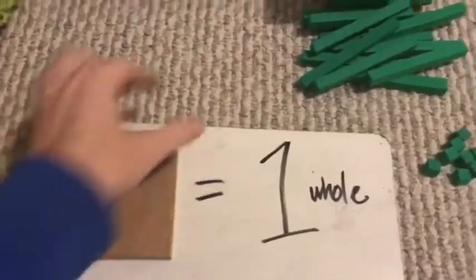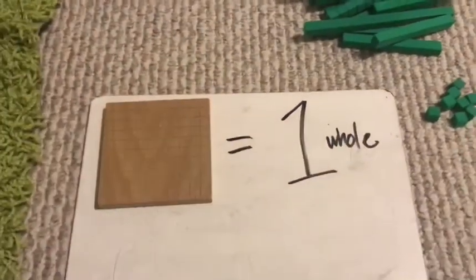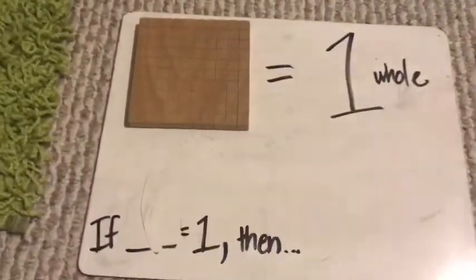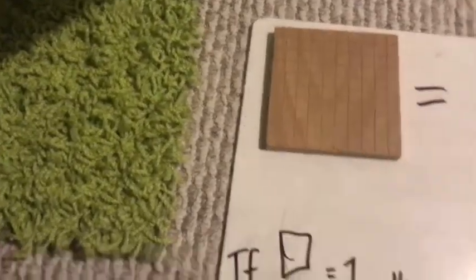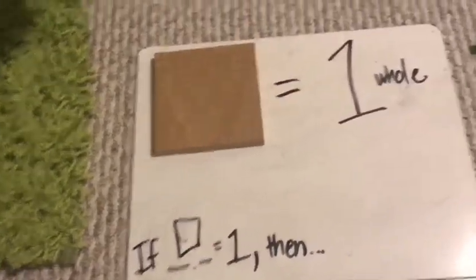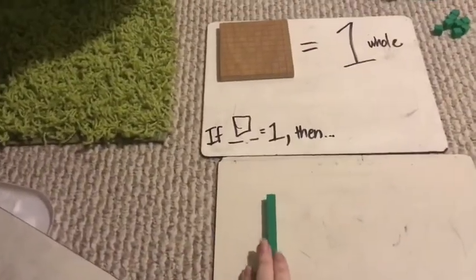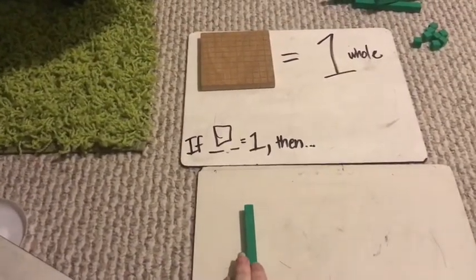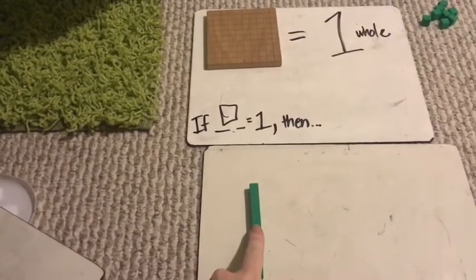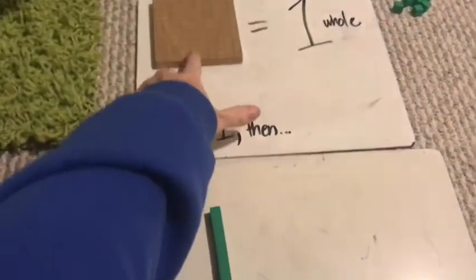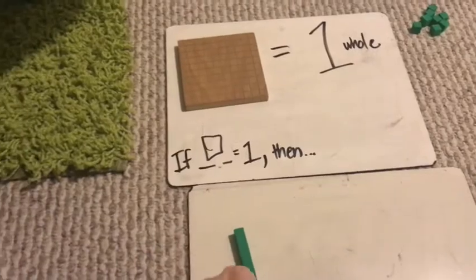Okay, I'm actually going to keep this guy as 1 whole, but I'm going to ask for this piece for my riddle, okay? So now that flat is going to represent 1 whole. So now I want to know the value of this piece. Now this piece is less than 1 whole, right? How many of this size piece fits into 1 whole?